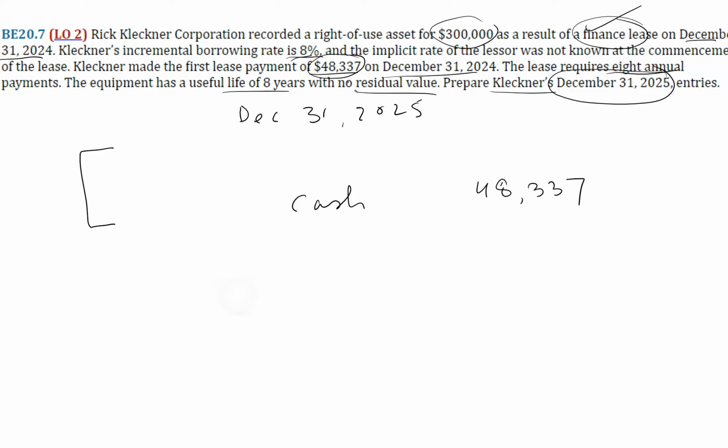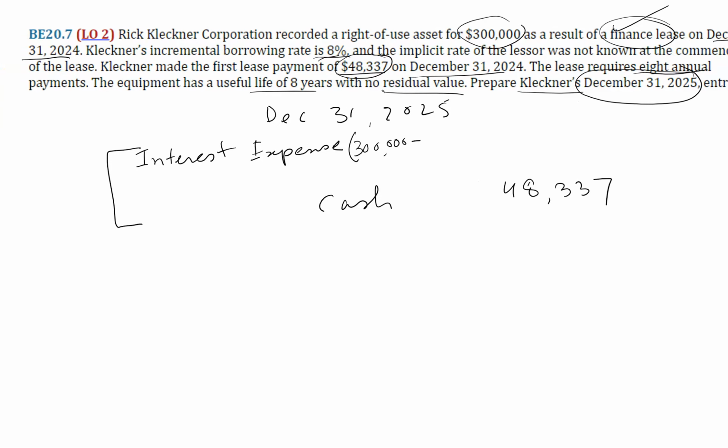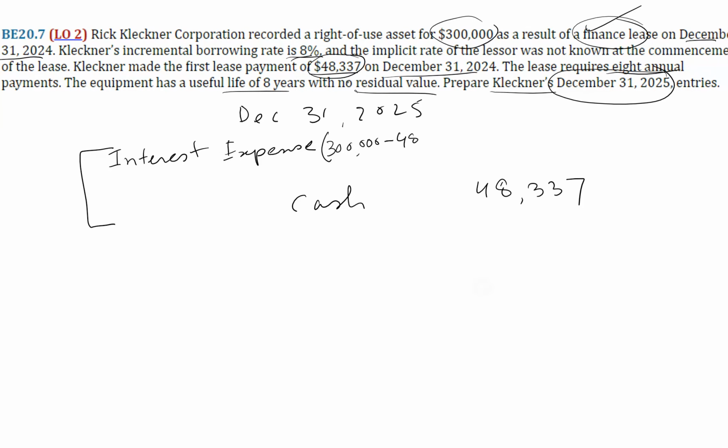So let's record the interest expense. 1 year passed and 1 year's interest expense has been incurred. We will calculate the numbers. At the beginning, the lease liability was $300,000, and then the first payment was made at the beginning of the lease commencement, which was $48,337.